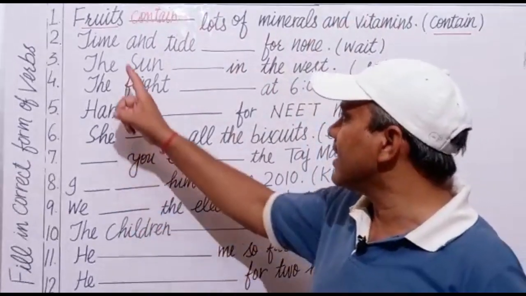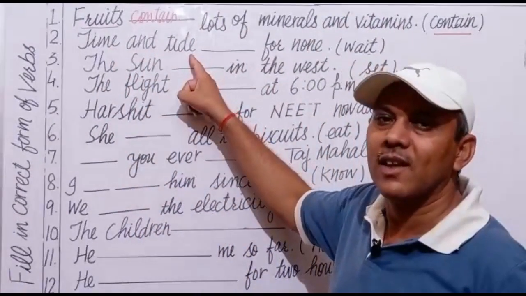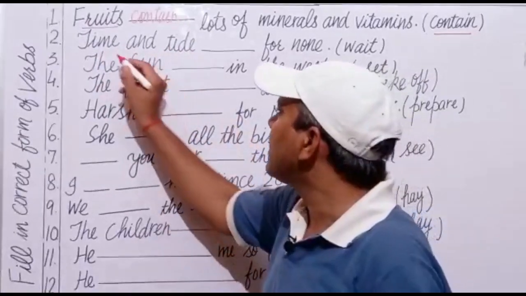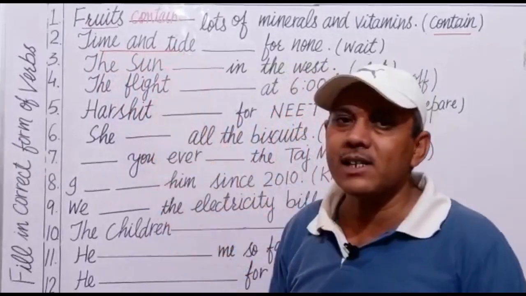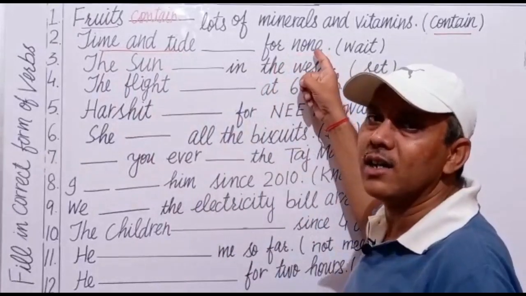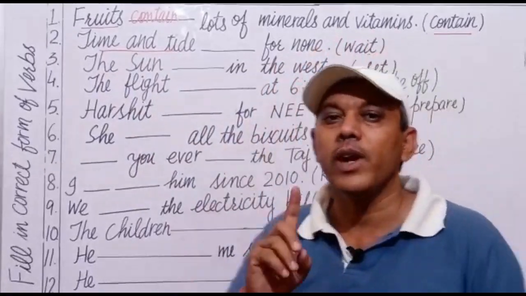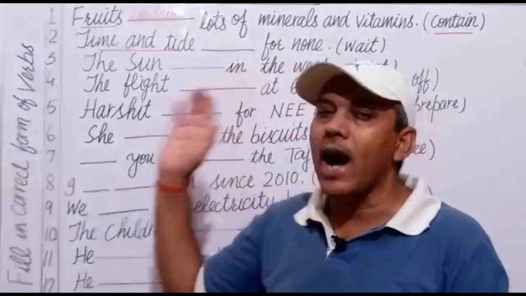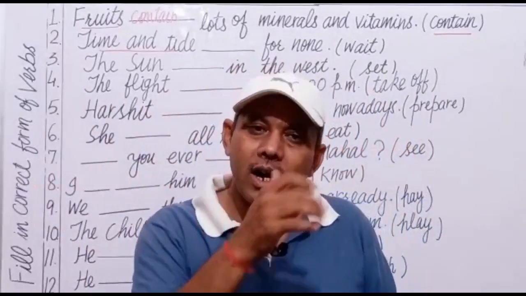The next sentence is time and tide. There are two parts of subject. It means the subject is plural. Time and tide dash for none and the verb is wait. This is a well-known saying. I hope you have heard this saying already.